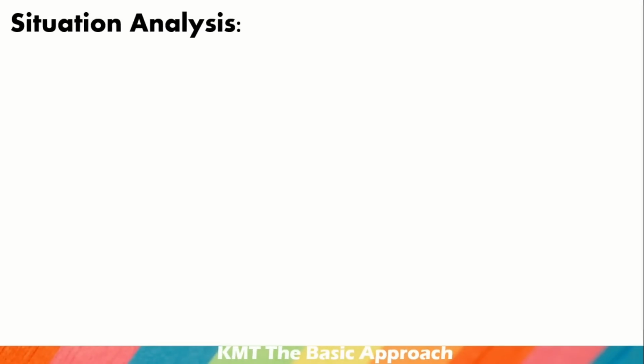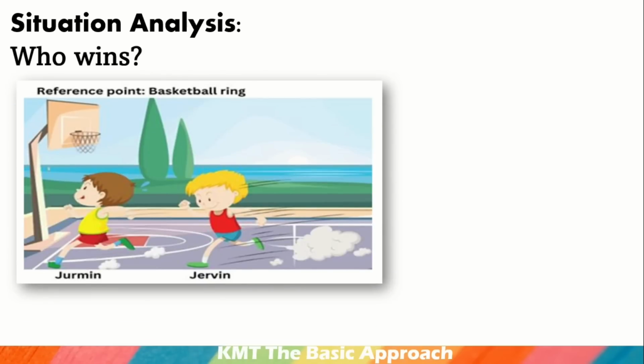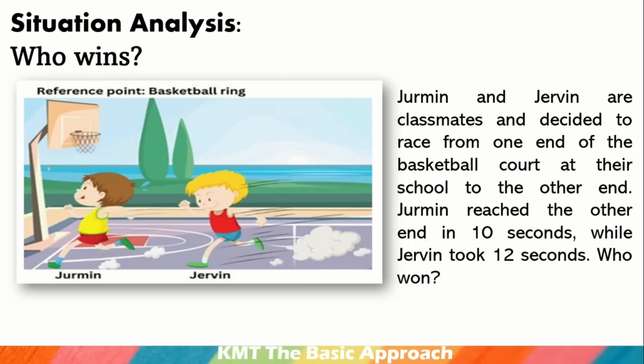Let us now proceed to situation analysis. Who wins? Take a look at the picture. Jermaine and Jervin are classmates and decided to race from one end of the basketball court at their school to the other end. Jermaine reached the other end in 10 seconds, while Jervin took 12 seconds.